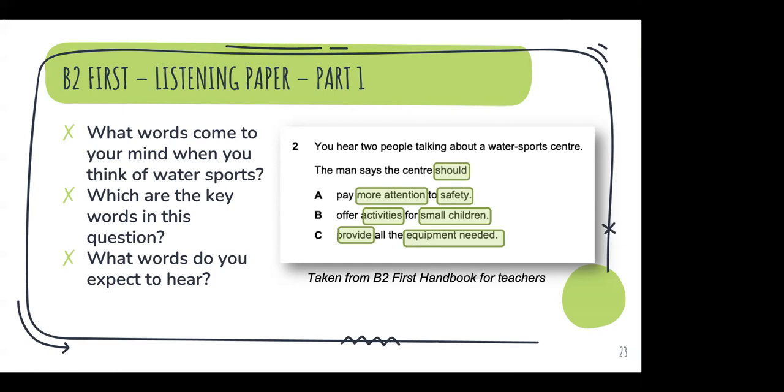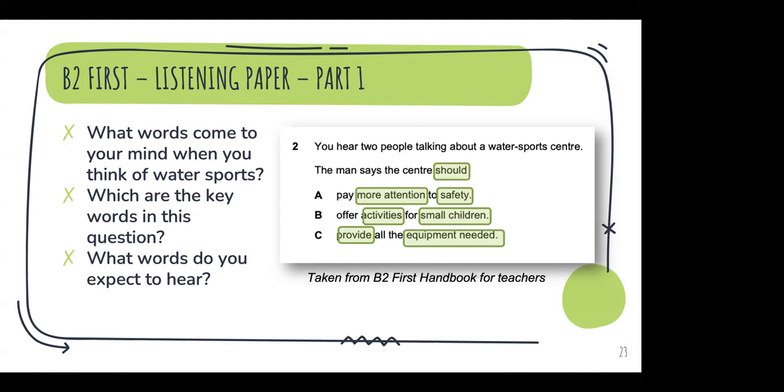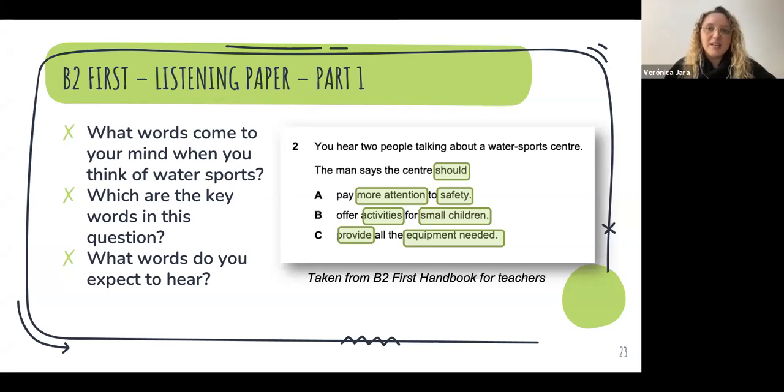Or likely, probable, almost, nearly. I feel that when they hear, they have to try to relate the words they hear to the words in the questions. And if they are used to finding synonyms and antonyms, it's really very useful for them. Absolutely, yes, thank you, Ellie.